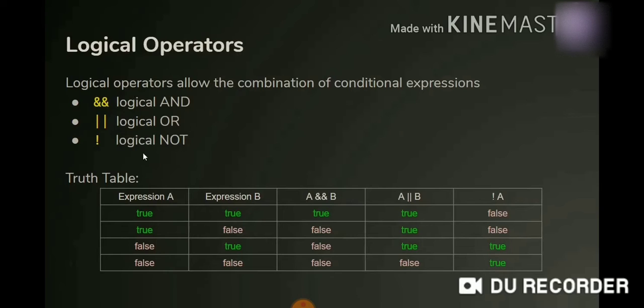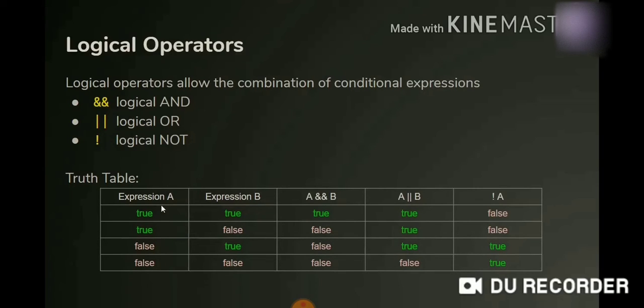So here I have a truth table that illustrates how the logical AND, OR, NOT operators work. If I have two expressions, my expression A can either produce true or false, and my expression B can either produce true or false.